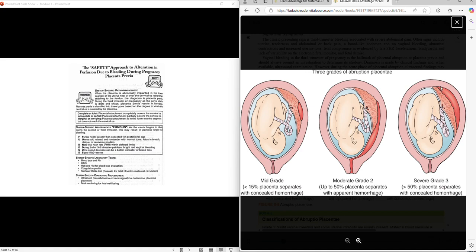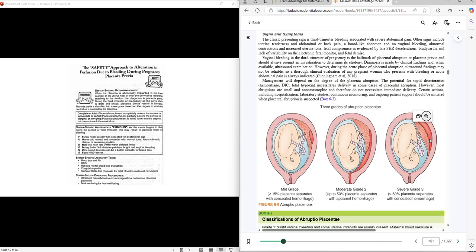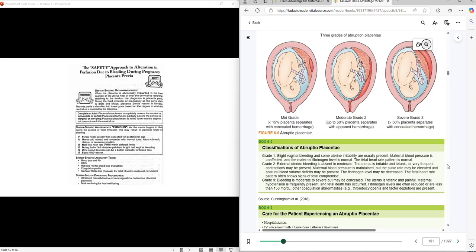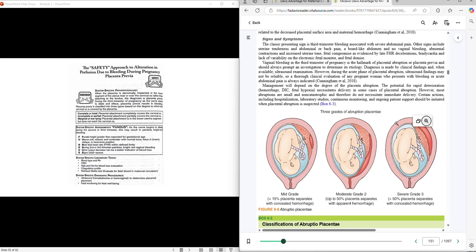And it can be concealed. But what happens? This is separated, so are we getting oxygen? Are we getting nutrients to our fetus? Absolutely not. We cannot have a separated placenta and get the support, nutrition, oxygen, and blood supply to the fetus.